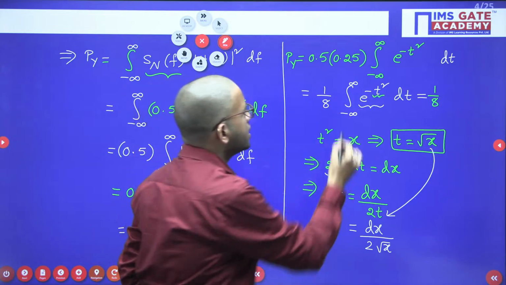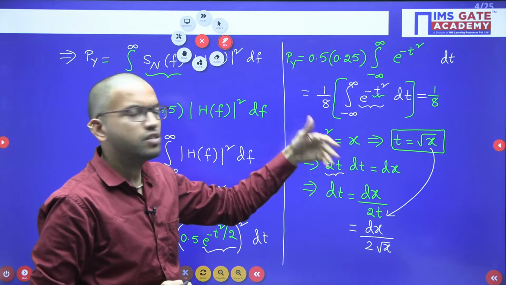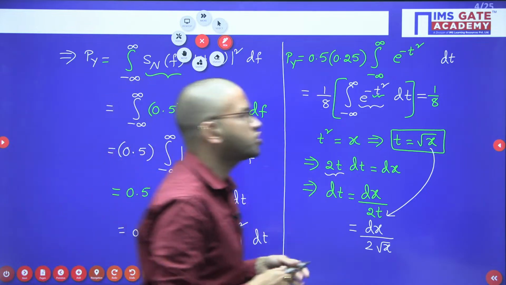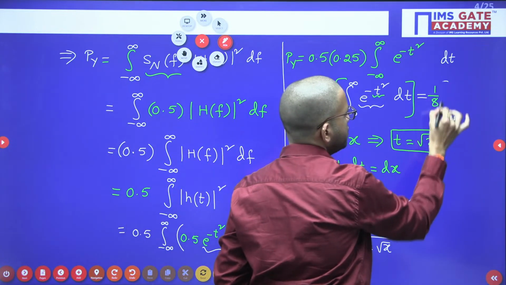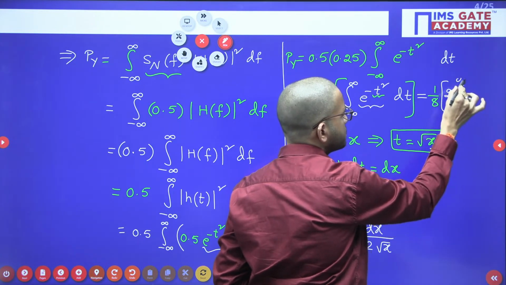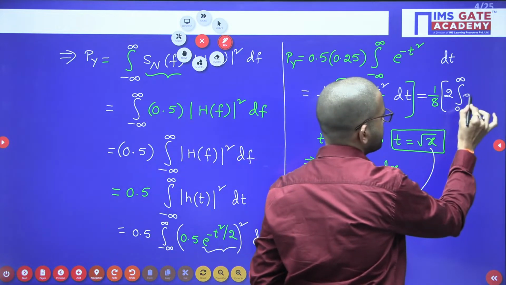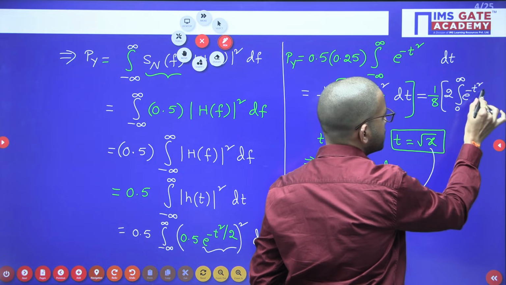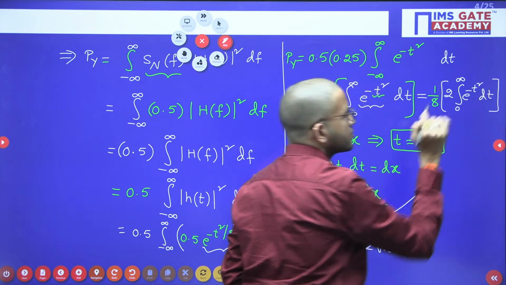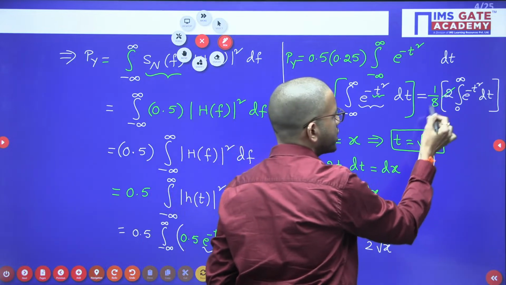This overall integration we can represent only for the positive limits. That means we can represent it as 2 times integral 0 to infinity e power minus t square dt.